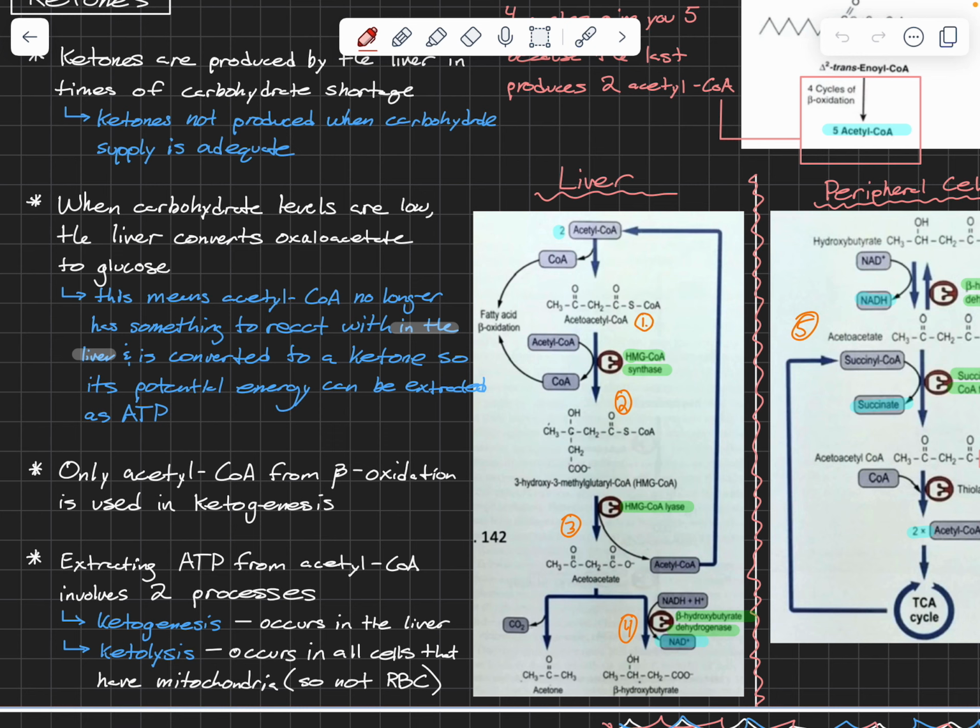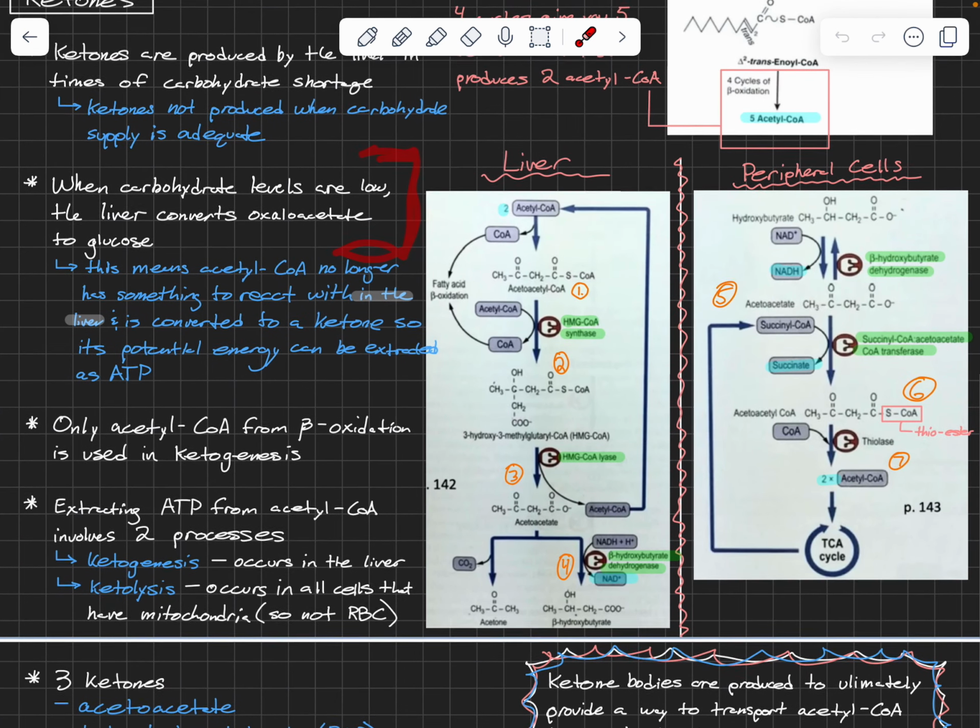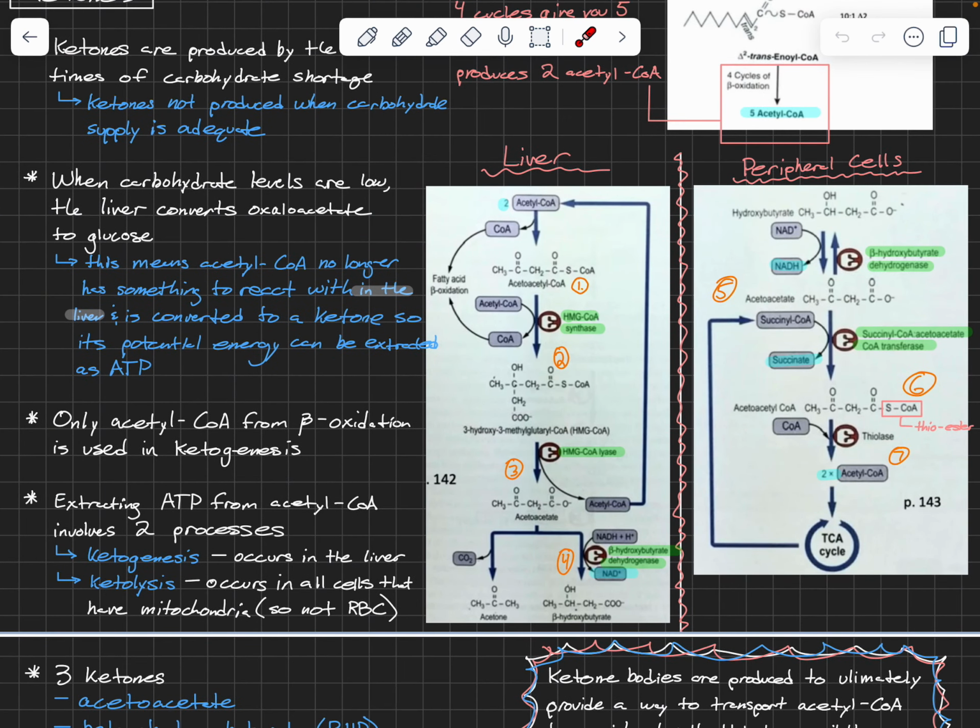But when carbohydrate levels are low, the liver converts oxaloacetate back to glucose. And if we remember, oxaloacetate is at the top of our TCA cycle, so we're basically taking oxaloacetate and trying to get it back to glucose.